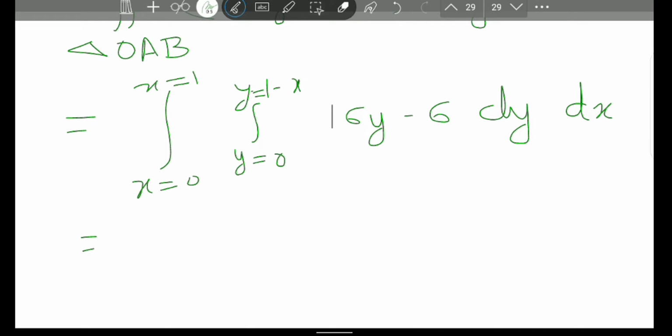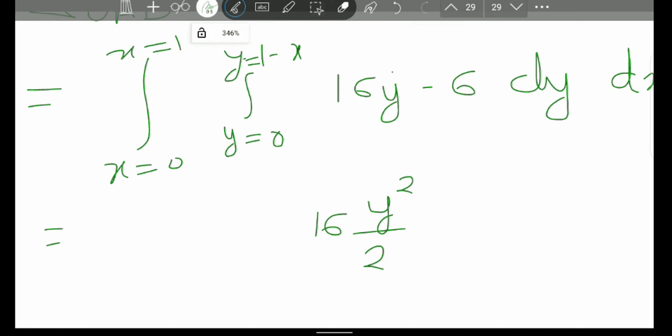Now it's pretty simple to integrate 16y minus 6. Integral of constant 16 as it is. Integral of y with respect to y is y square by 2. Integral of minus 6 is minus 6y.